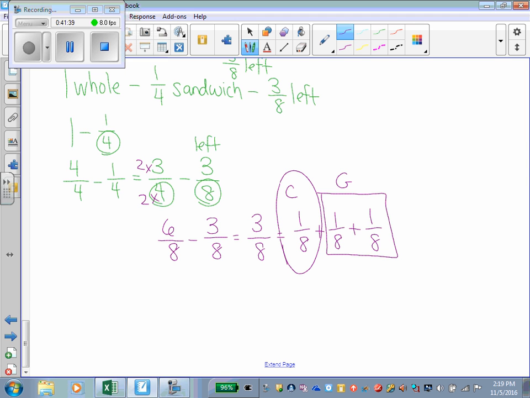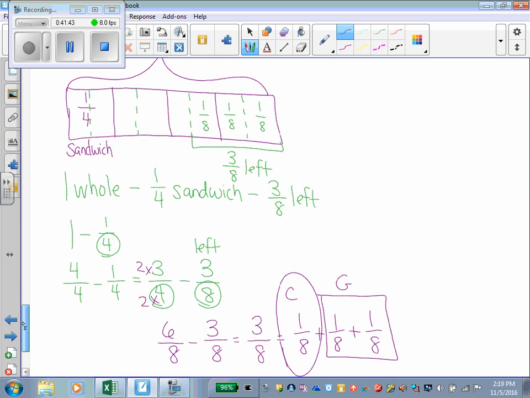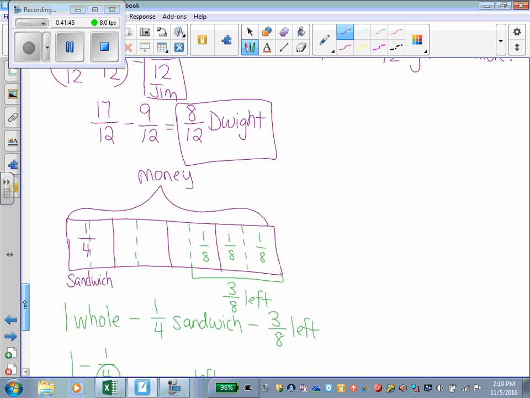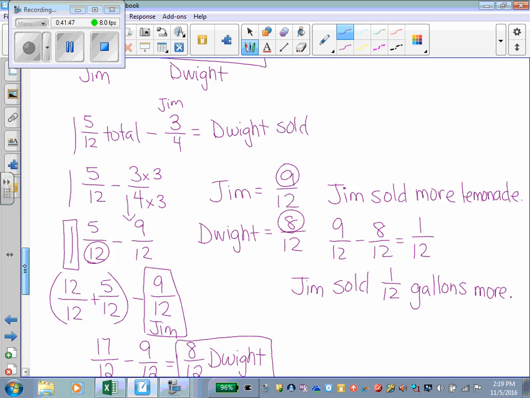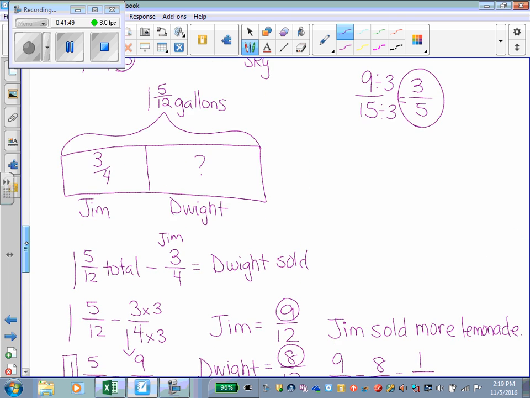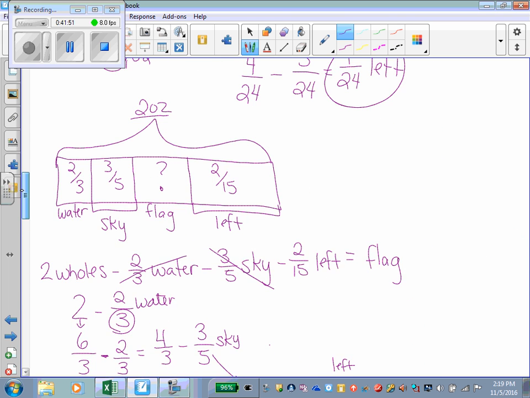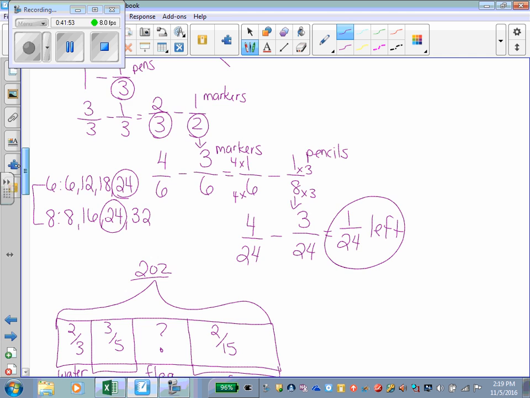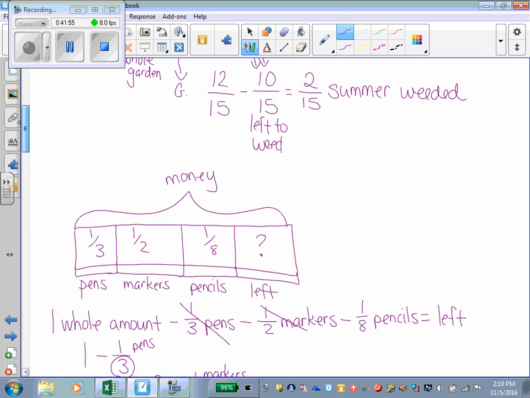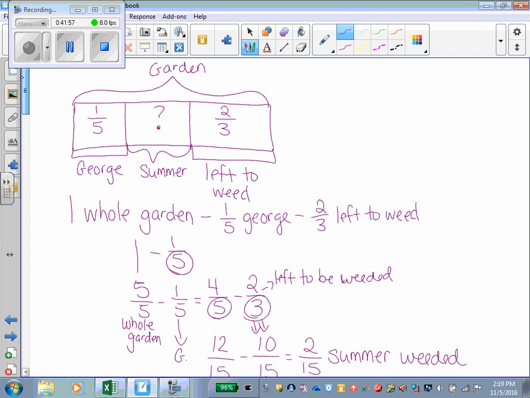Guys, make sure that you have everything written down here on your paper. It's a lot of information here, but it is very important that you have everything written down and recorded.